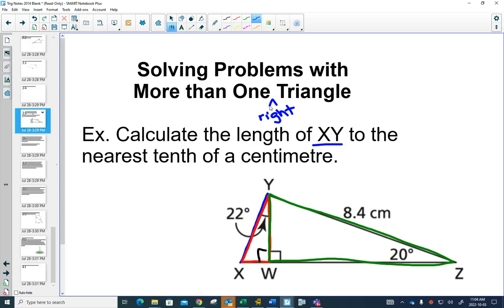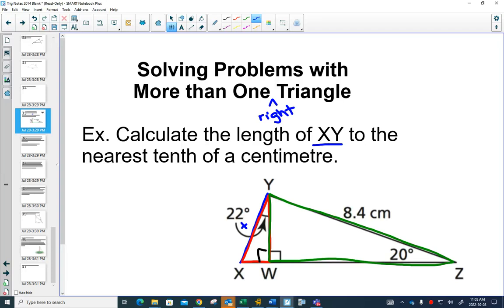So I'm going to pick a letter for what we want to find. I'm going to pick the letter x there, because that's what we want to find, from X to Y. Is that x part of a right-angled triangle? Yes, that x is part of the red right-angled triangle. When we look at that red right-angled triangle, can you see that you have a 22 degrees?